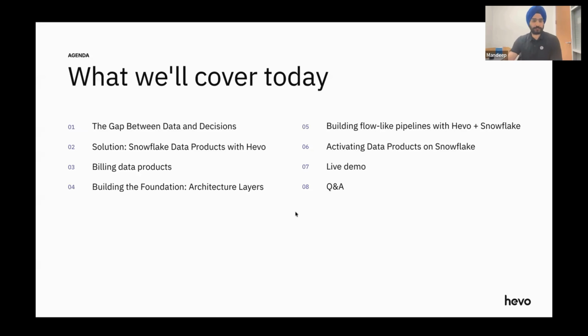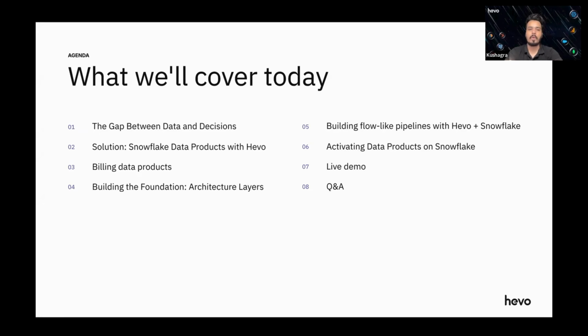Absolutely. Great. So the agenda is actually pretty straightforward. We're going to talk about the problem statement first, the gap between data and decision making, and how we provide the solution to this gap using Snowflake data products with Hevo. Mandeep actually has a very good example for billing data products, and we're going to talk about how we will create these products.